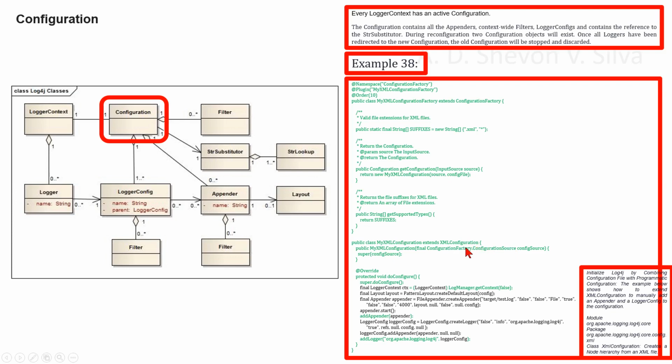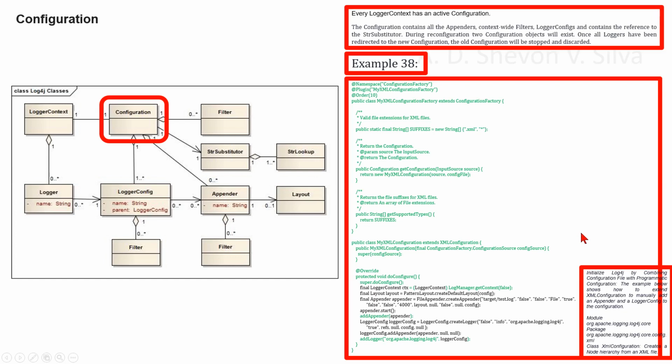Sometimes you want to use a configuration file but do some additional programmatic configuration. A possible use case might be that you want to allow for a flexible configuration using XML, but at the same time make sure there are a few configuration elements that are always present and that can't be removed.